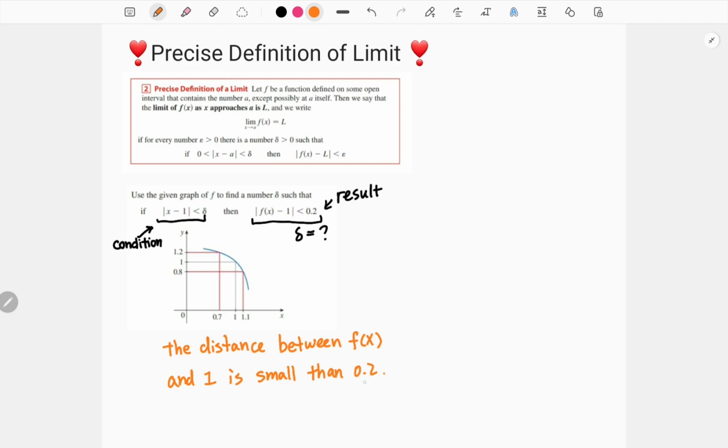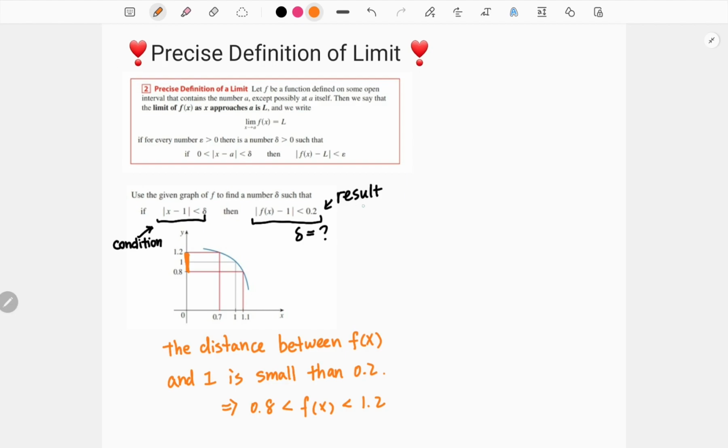Then what could your f of x be? We can already know my f of x needs to be greater than 0.8 and smaller than 1.2, which is this orange range right here. Anything in between is okay, but it cannot go beyond this orange range.